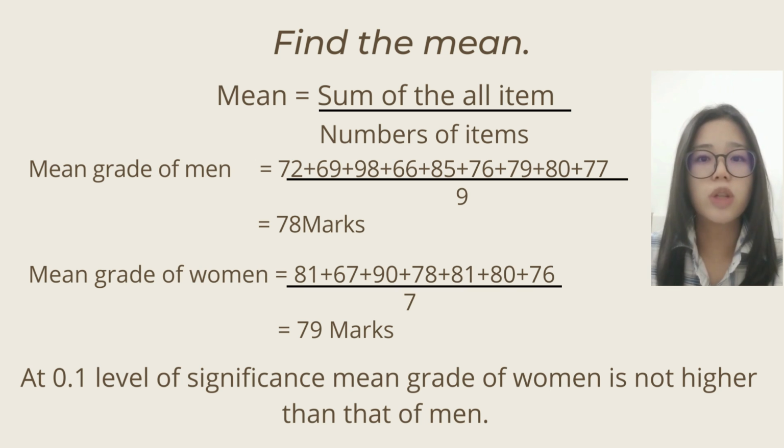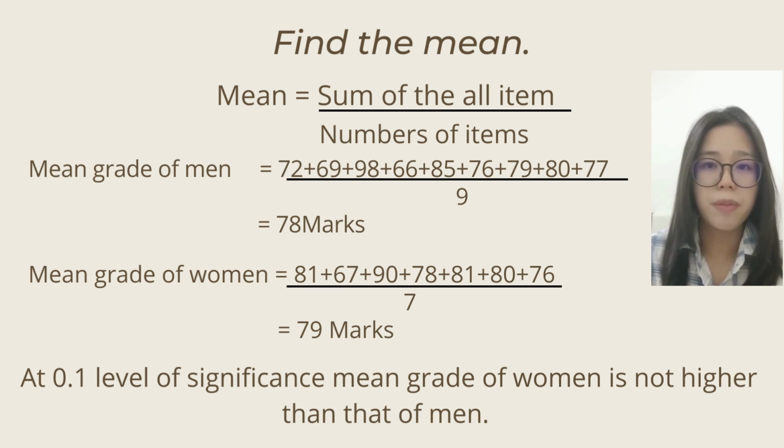The mean refers to the average of a set of values. The mean formula is the sum of all items divided by the number of items. For example, the mean grade of men equals 72 plus 69 plus 98 plus 66 plus 85 plus 76 plus 79 plus 80 plus 77 divided by 9, which equals 78 marks.